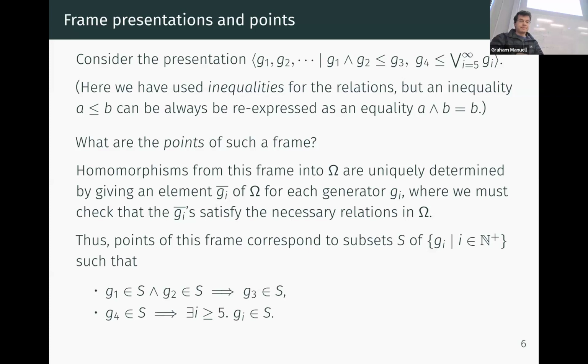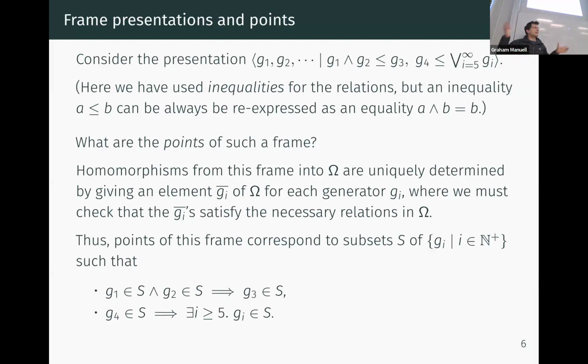But the point is that if you have a presentation, it's very easy to see what the points are. And in fact, you can turn this around and say that you can think of the presentation as actually defining what the points are. So here we can say the points are these subsets of the natural numbers satisfying these conditions. So these logical conditions we've now expressed in frame language.